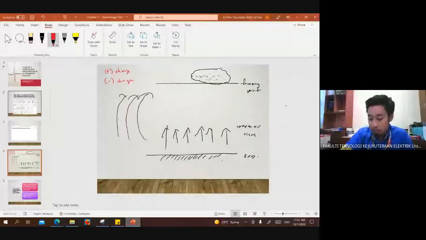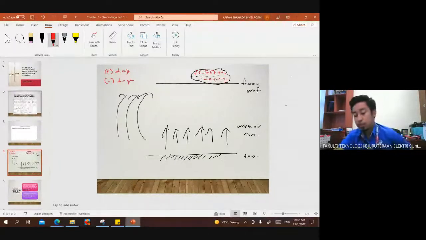So the positive charge will accumulate at the top of the cloud, and the negative charge will be placed at the bottom of the cloud. So if you reflect, if you flash back based on the previous answer, due to the imbalance of the charge in the cloud, it will produce the fast discharge we can call a lightning.